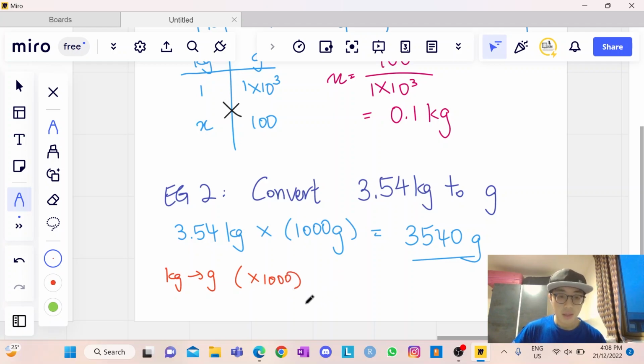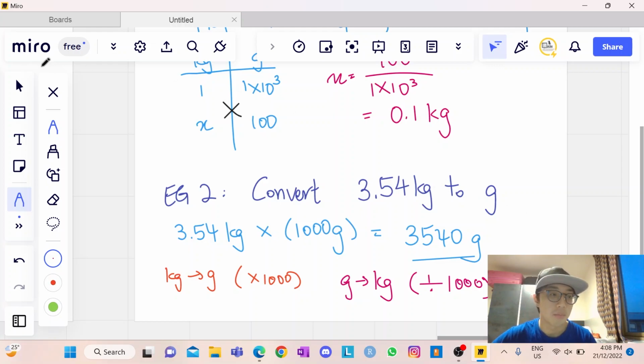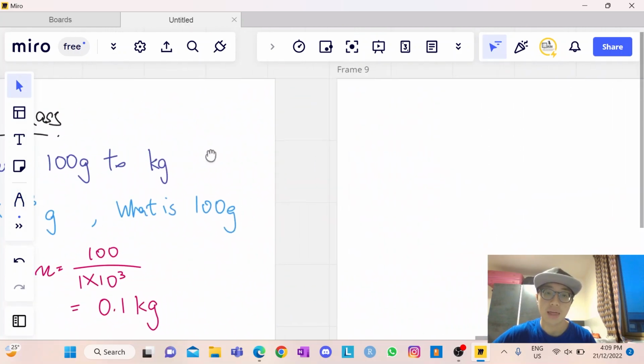All right, and for g to kg, you divide by 1000. All right, so this is a little bit of a hack. I mean, not a hack, but a quicker way for you to convert from grams to kilograms. And this only applies for mass, because for length, it will be a little bit more complicated because they can ask from a lot of different ones. All right, so now we'll move on to converting length.